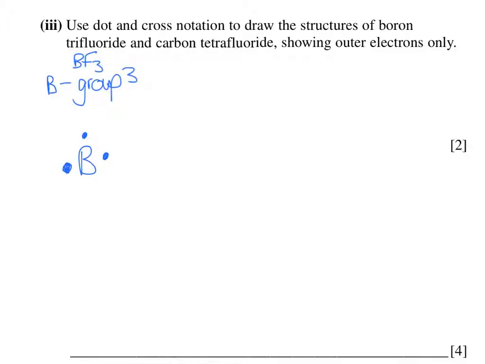Okay, then we need to think of fluorine. Fluorine is in group 7, so it's going to have 7 electrons in its outer shell. So 1, 2, 3, 4, 5, 6, 7.